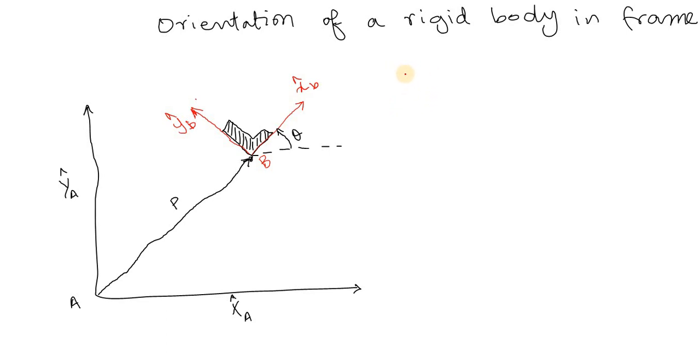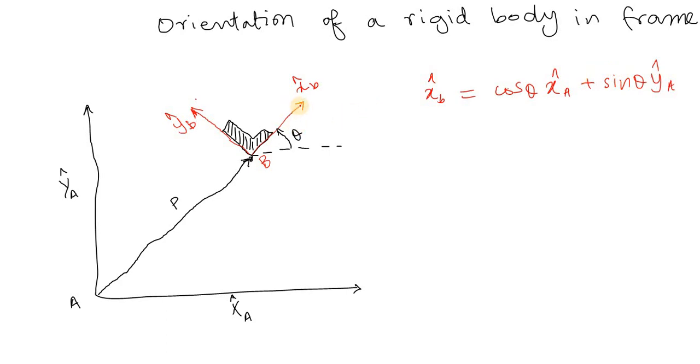You can describe it like this: xb hat is equal to cos theta xa hat plus sin theta ya hat.